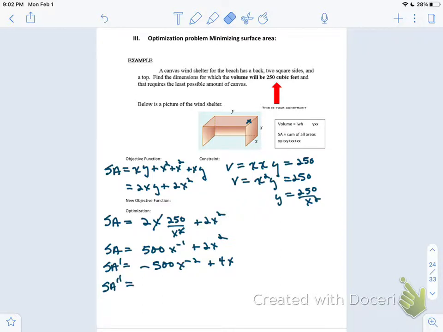That is going to be a negative 2 times that, which will be a positive 1,000 over x cubed, and that's always going to be positive because x has to be positive. So therefore, I do indeed have a minimization, because that's what they wanted, right? Requires the least possible amount of canvas. Yes, so it's going to be a minimization.